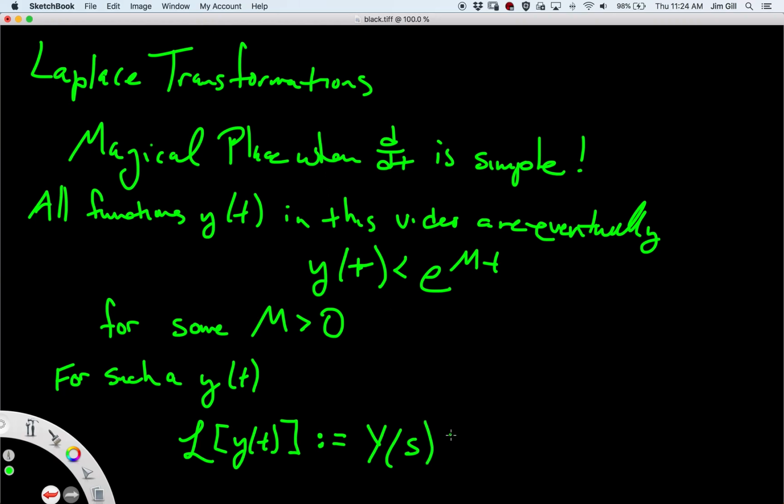So there's a little bit of an abuse of notation going on here because we don't have s over here. But we're just going to have to tolerate that. How do we find the function y of s? We take an integral from 0 to infinity of y of t times e to the minus st dt.